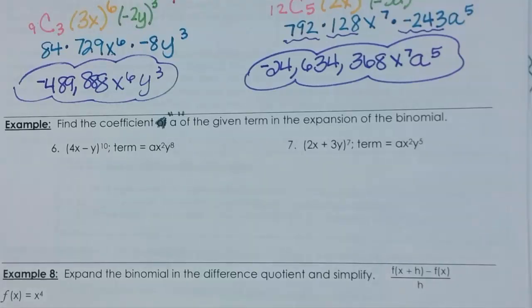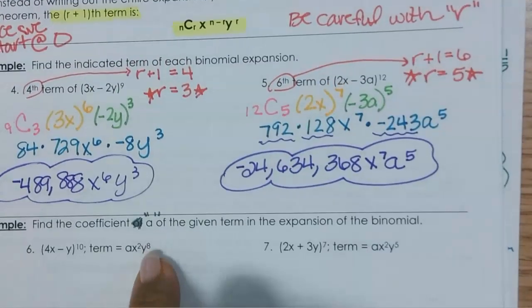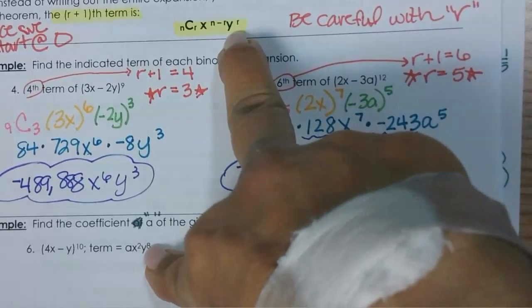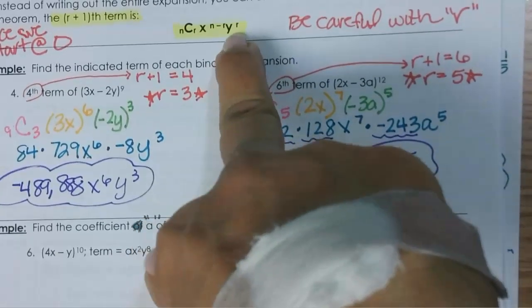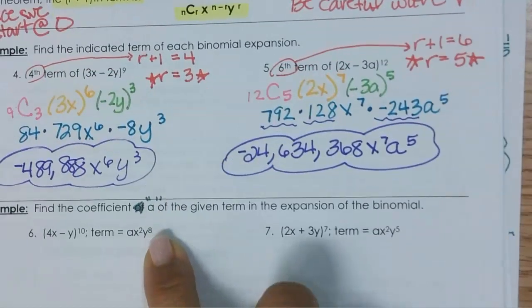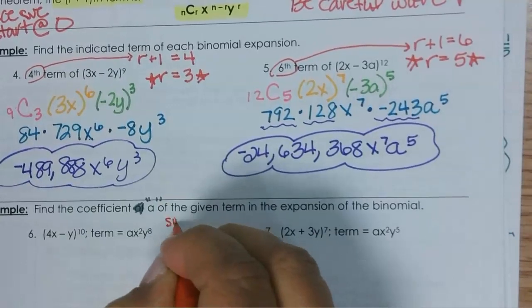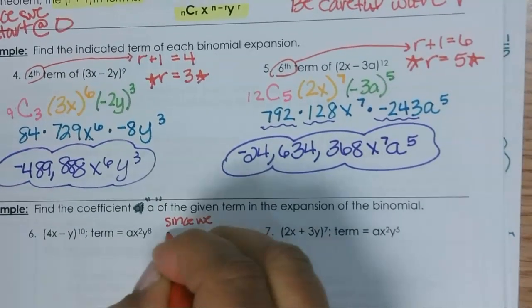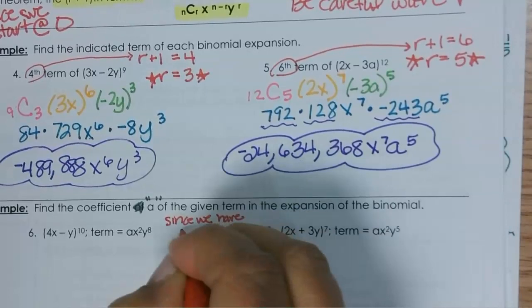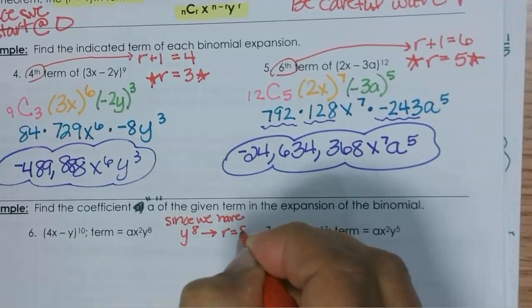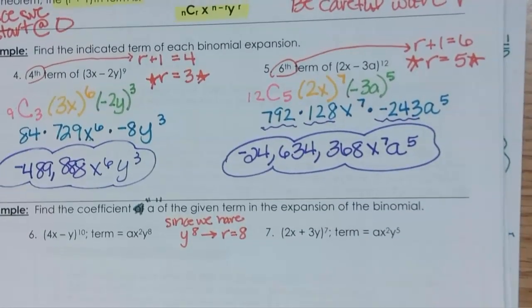And so we need to think about how to set that up. One of the things that we notice from here is that the exponent of y told us what r is. So remember that, because since we have y to the 8th, what that is telling us is that our r is going to equal 8.